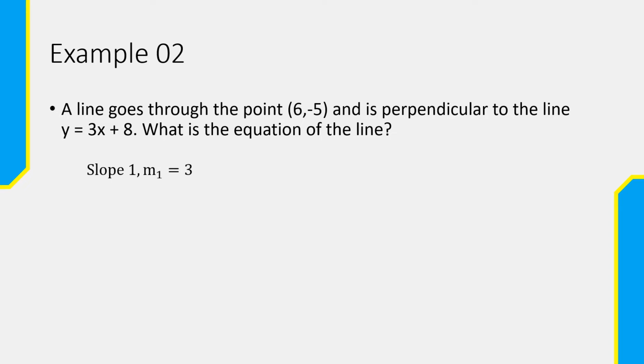So to start this problem off, we will assign the slope of line 1 to be the value of 3, which is given to us in that equation y equals 3x plus 8.